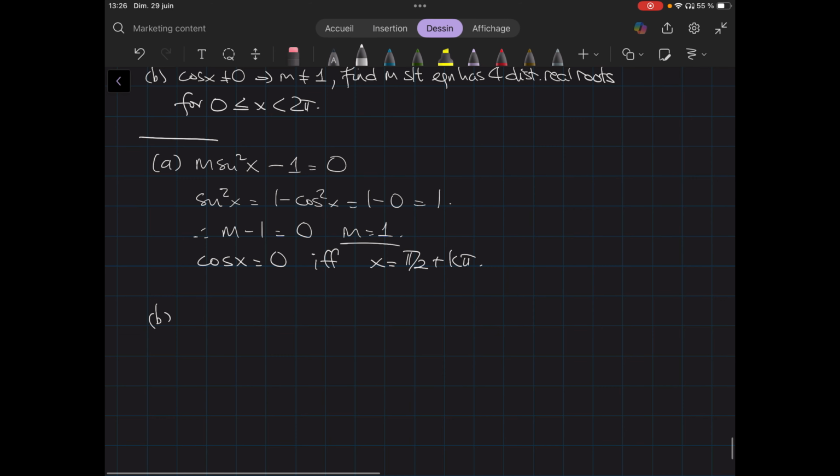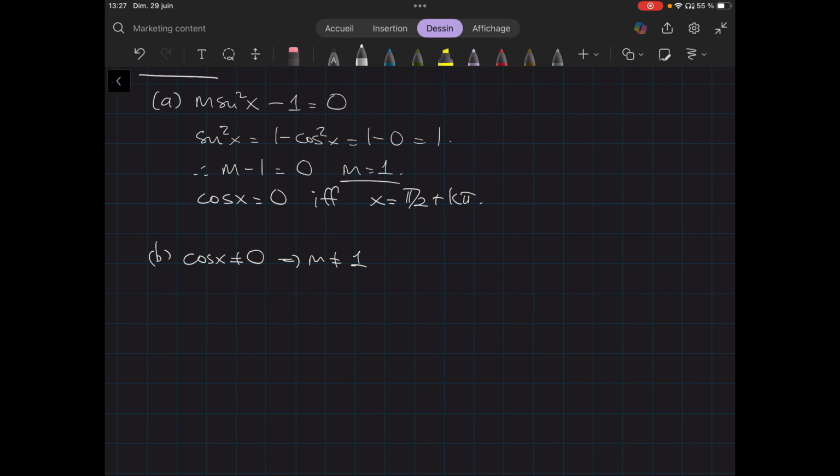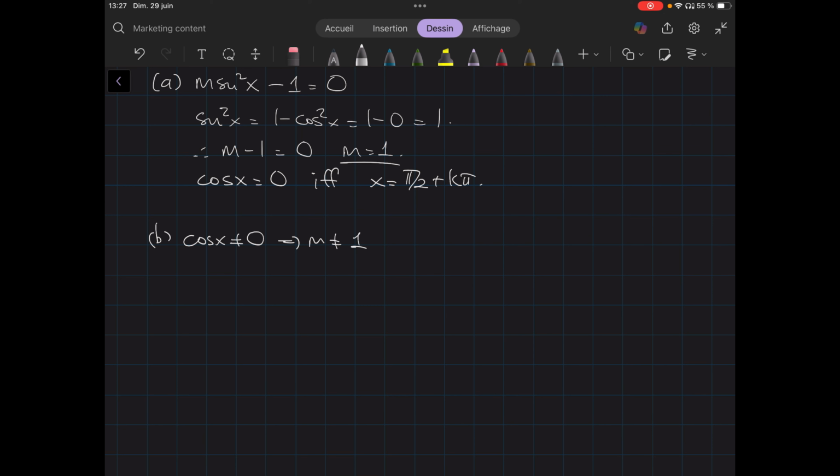In part B, now we're given that cos of x is not 0. Therefore, m is not equal to 1. And now we can divide the entire equation by cosine squared. Let's actually do that. Now we are down to 2m tan of x minus secant squared is equal to 0.